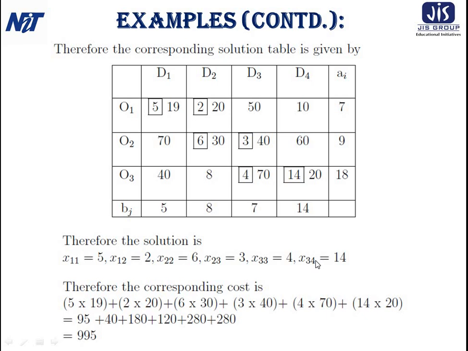Then we learned how to solve by the northwest corner method, what the initial basic feasible solution is, and what the corresponding cost is, by the northwest corner method, not by the other methods. Because if we apply another method, the initial basic feasible solution may be different. So when we apply the northwest corner method, this is the initial basic feasible solution, and the corresponding cost is 995.